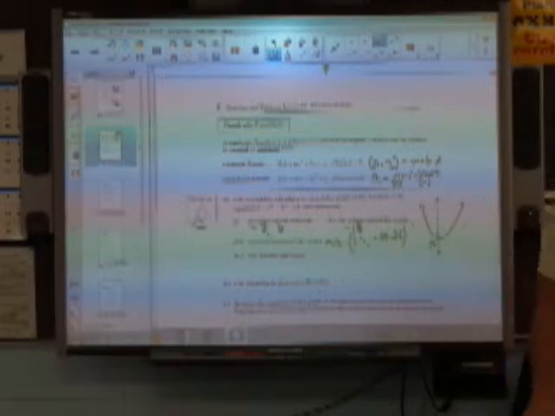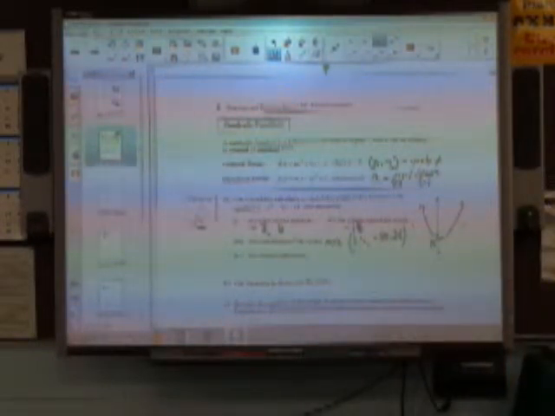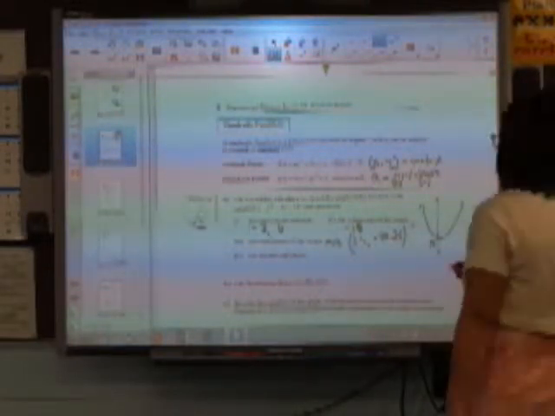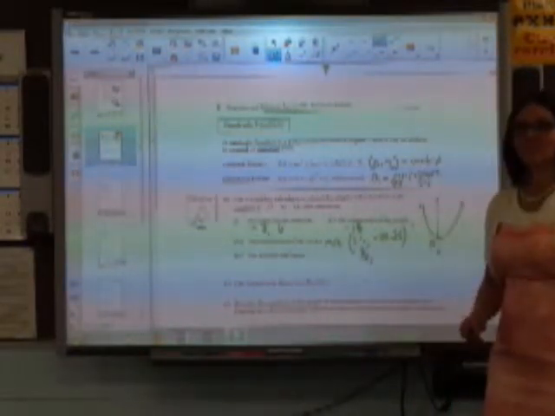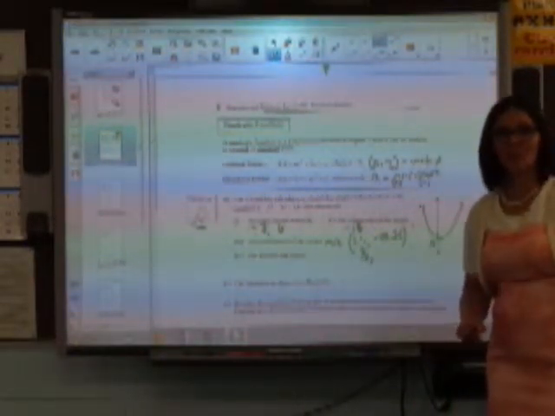What if I told you to express it as fractions? What would you do? How can I change these to fractions? The first one's 3 halves. What about the negative 20.25?